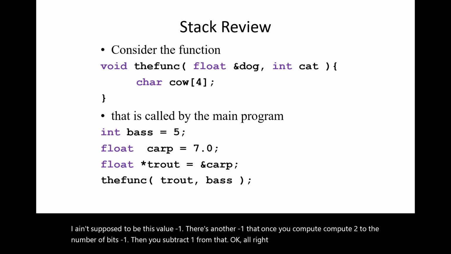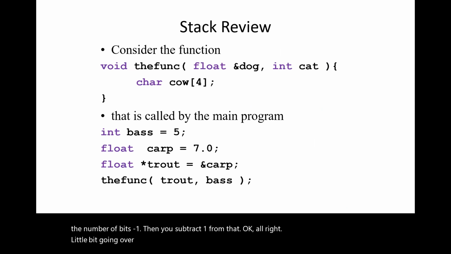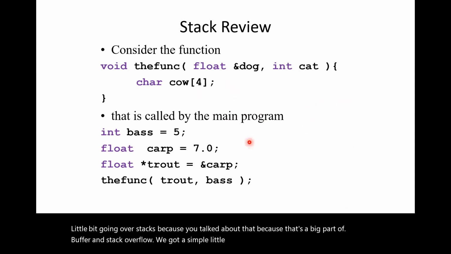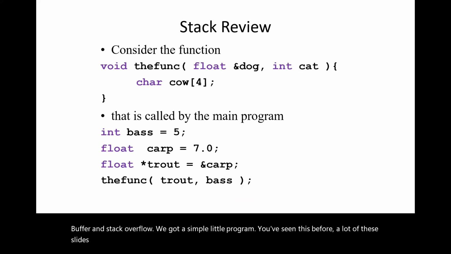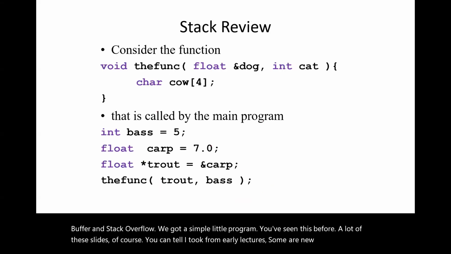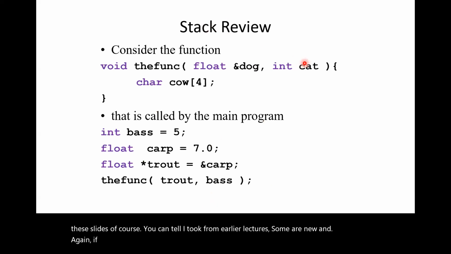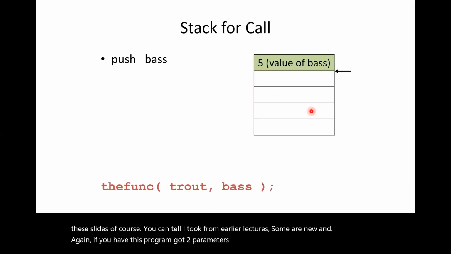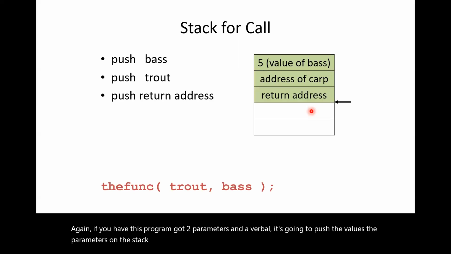A little bit going over stacks, because that's a big part of buffer and stack overflow. We've got a simple little program. You've seen this before. A lot of these slides, of course, you can tell I took from earlier lectures. Some are new. If you have this program, it's got 2 parameters and a variable. It's going to push the values of the parameters on the stack, then push the return address on the stack.